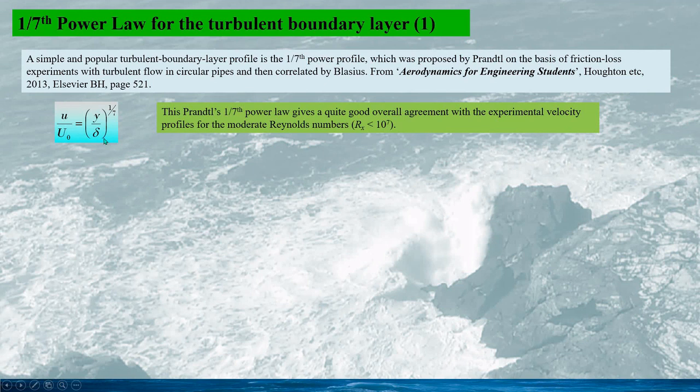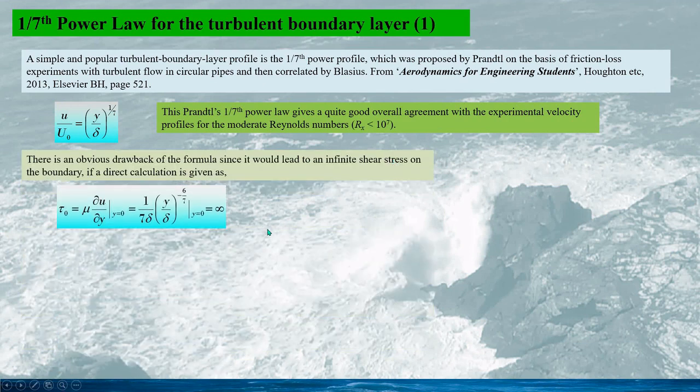The 1/7 power law is given as this, and it gives very good agreement with the experiment data for the Reynolds number Rx smaller than 10 to the power of 7.